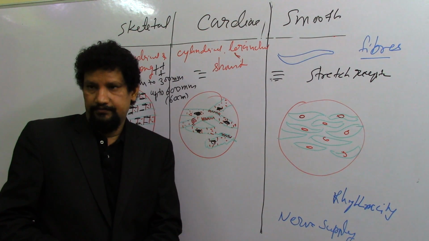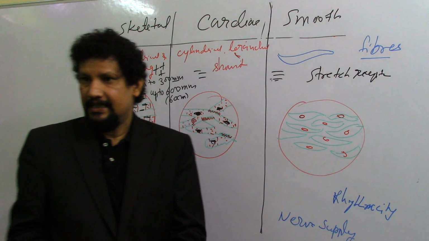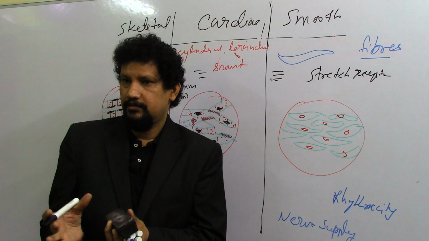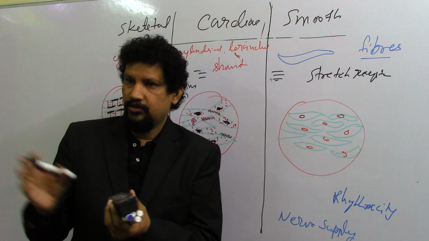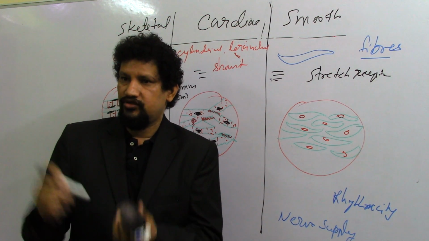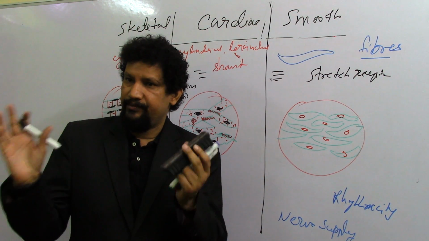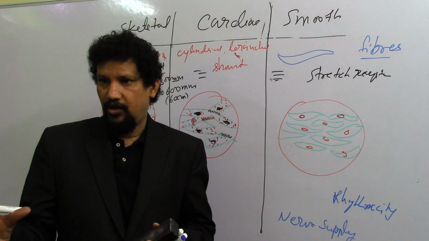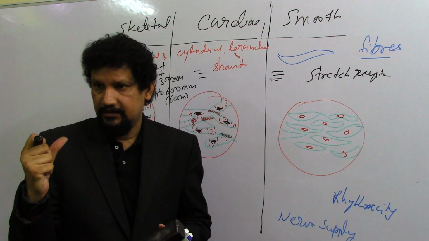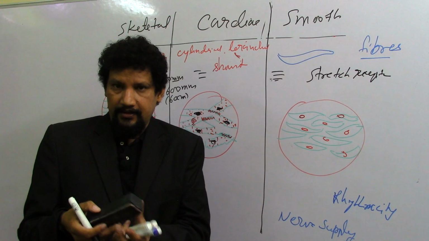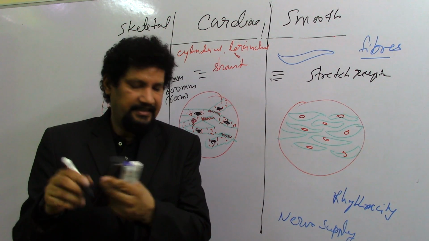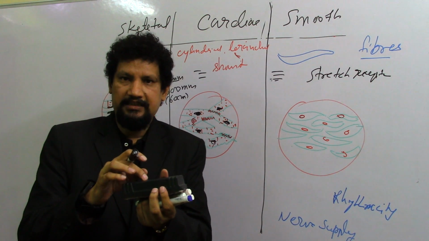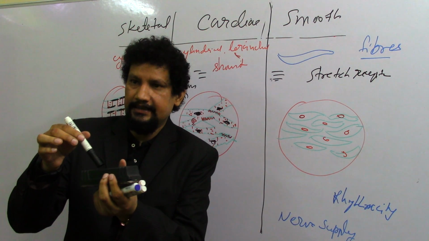Neuromuscular junction. Synapses are seen between two nerves, either in the axon and soma, axon and axon between the two neurons. But in case of the skeletal muscle, the nerve fiber which is supplying the muscle fiber is forming a junction.